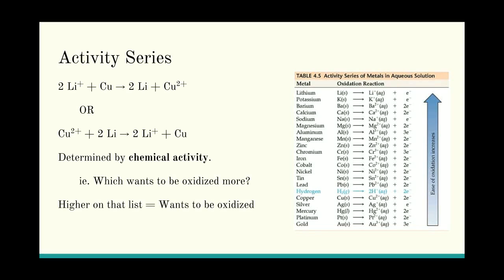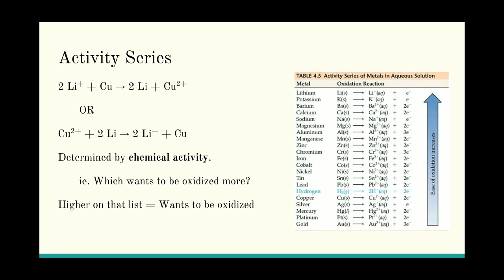So we have an example of an activity series over here on the right, showing a bunch of elements. And it has lithium up at the top, down through potassium, barium, calcium, and so on, all the way down to gold at the bottom. It has hydrogen in the middle.